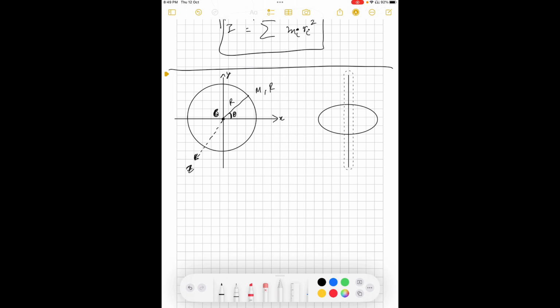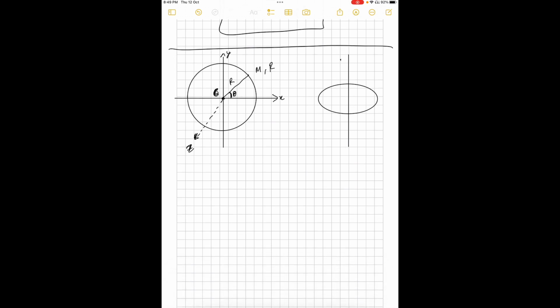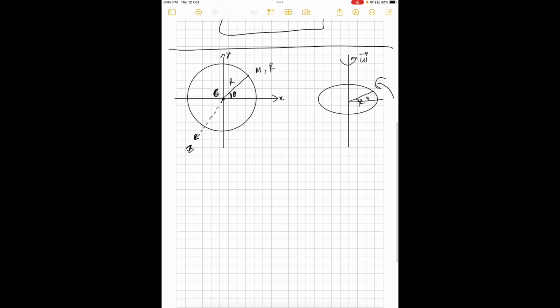Now it looks more like a symmetric thing, with omega. So we are rotating this ring. What is the inertia we have to calculate? This is radius r, and this is angle theta.